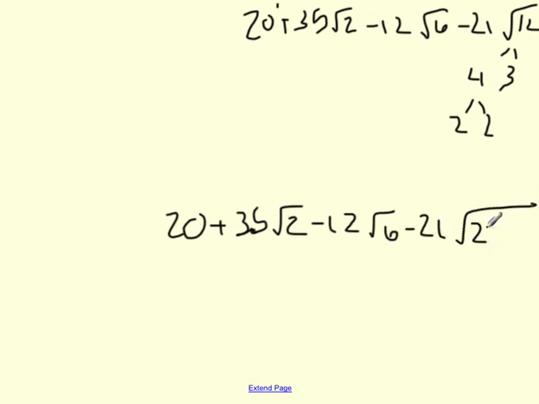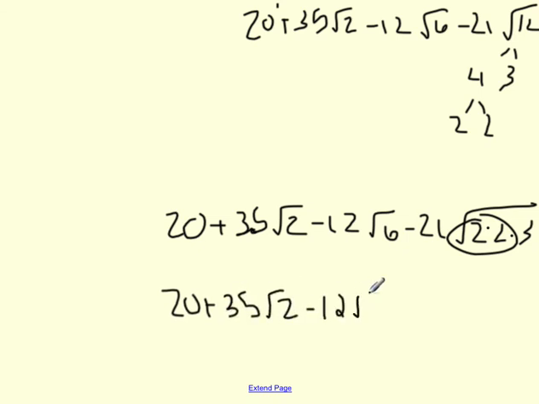So I have 20 plus 35 square root of 2 minus 12 square root of 6 minus 21 times the square root of 2 times 2 times 3. So I can go ahead and take out a pair of 2's. So I have 20 plus 35 square root of 2 minus 12 square root of 6 minus 21 times 2, because we're taking that pair of 2's out, times the square root of 3.